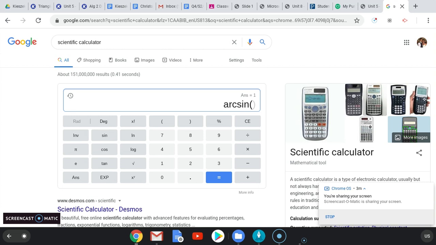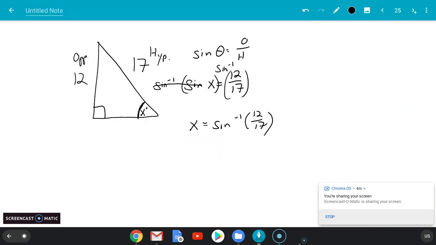Inverse sine and arc sine are the same things, right? And then I just type into the calculator the fraction, which was 12 divided by 17. And there you go, I got my degree measure. Rounded to the nearest tenth would be 44.9. So 44.9 degrees.